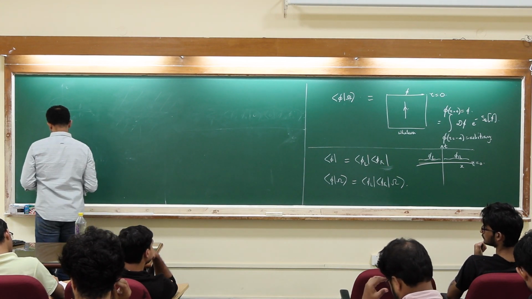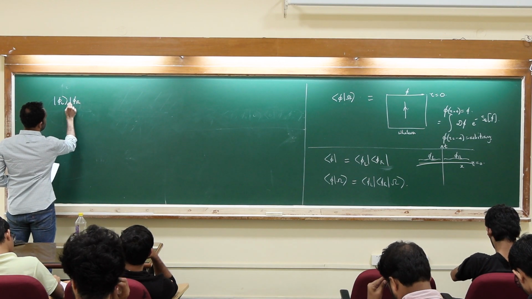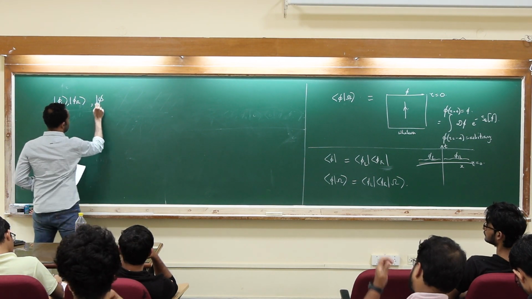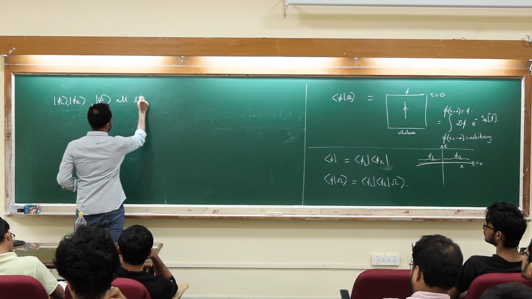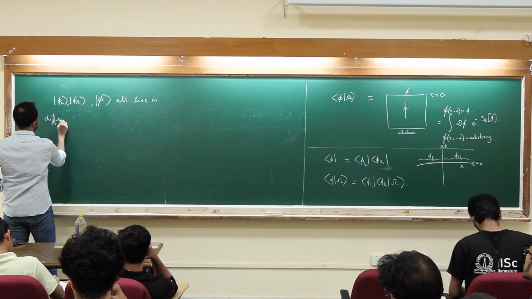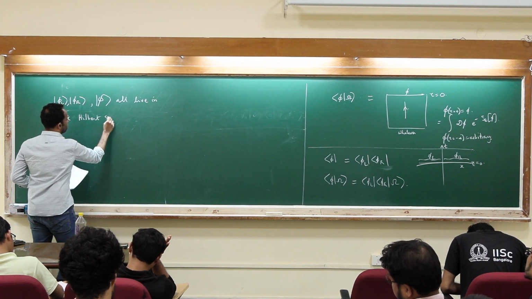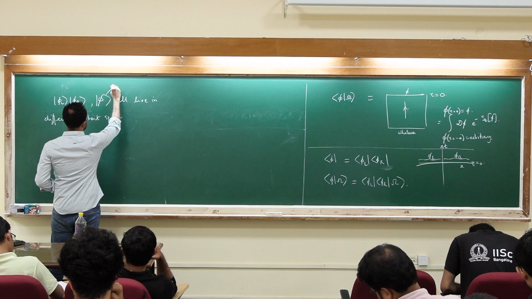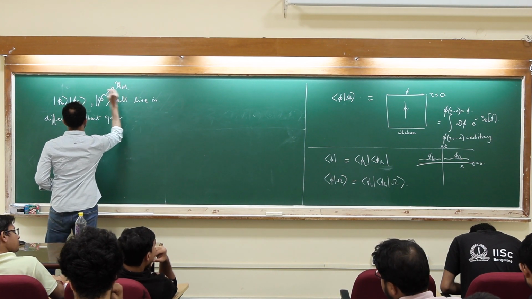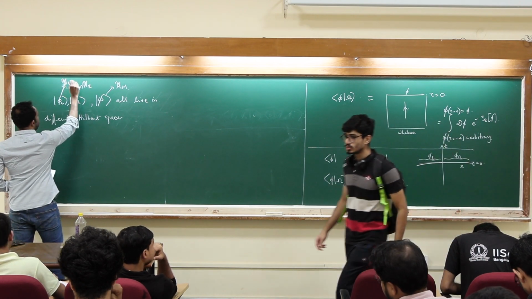The point, which I'll emphasize again because it's been a few days, is that all of these live in different Hilbert spaces. This one is in the Minkowski Hilbert space, this is in the right Hilbert space, and this is in the left Hilbert space.